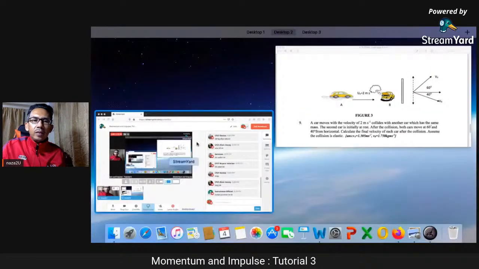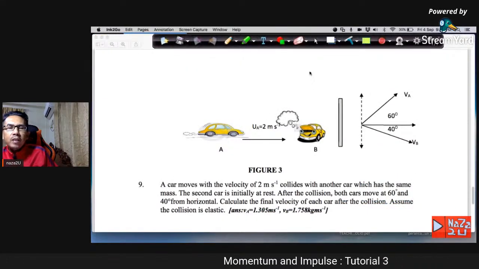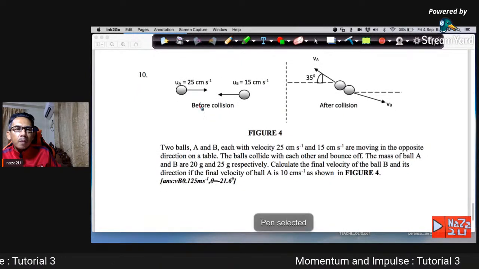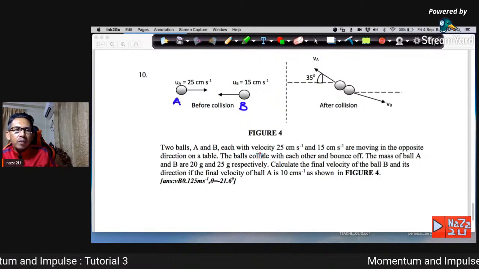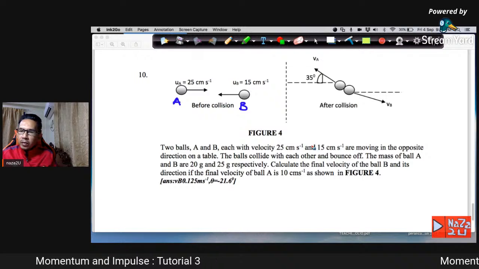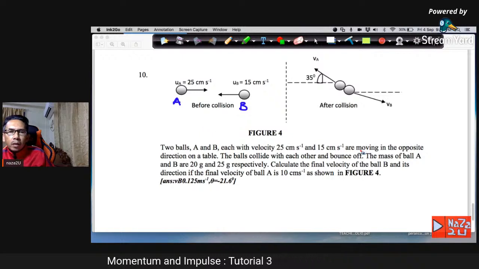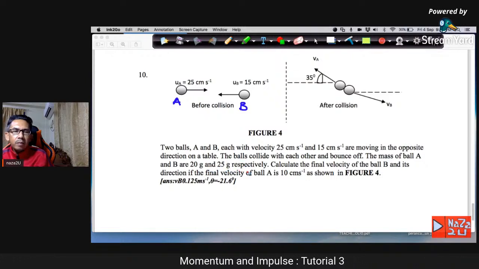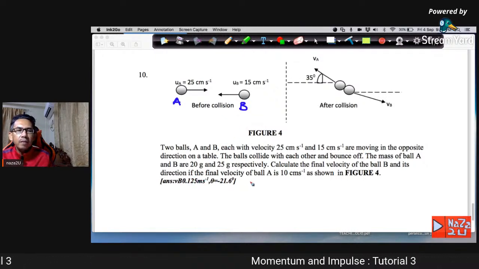Okay class, we have been going for more than an hour now. Okay, I want to go straight to the final question. The last question. This one is more or less the same as the previous one. Two balls A and B, you have ball A and this is ball B, with velocities 25 and 15 moving in opposite directions. The balls collide and bounce off each other. The masses of balls A and B are 20 and 25 grams. Calculate the final velocity of ball B and its direction if the final velocity of ball A is 10.